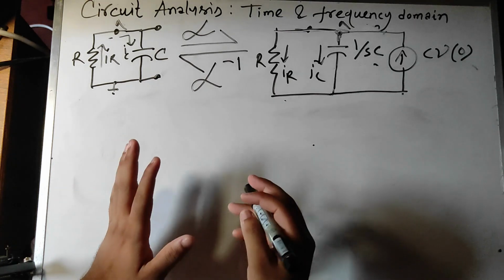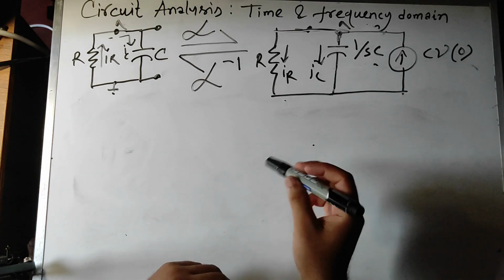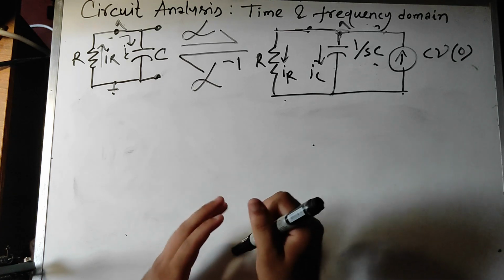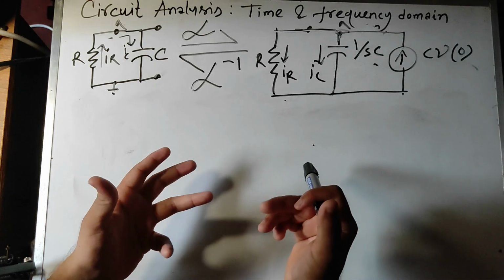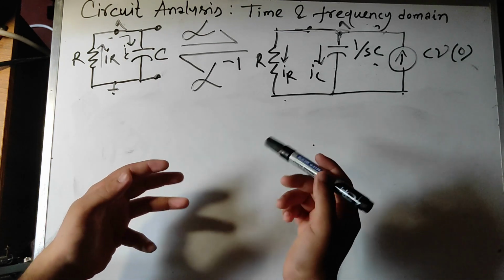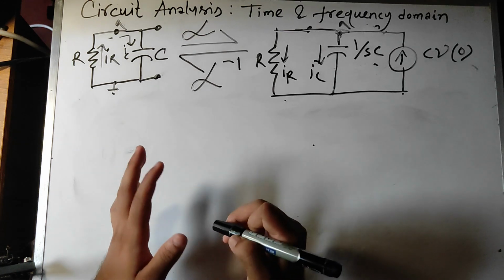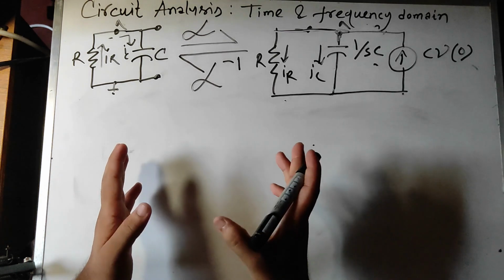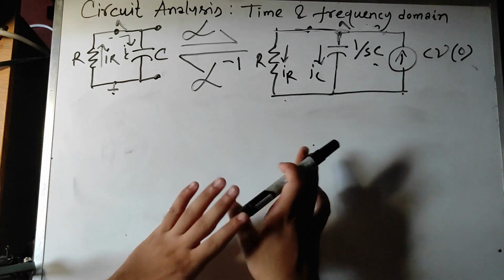The response comes into action when we are emphasizing the output of a certain part of an electrical system. But what we're doing is analyzing different parts of the circuit as a whole.